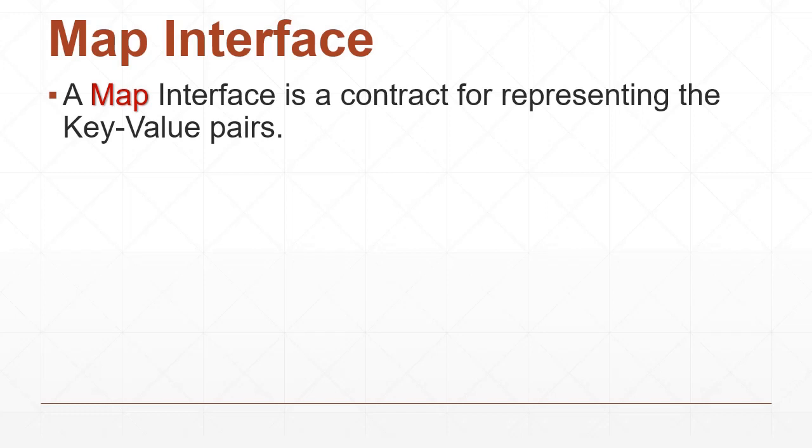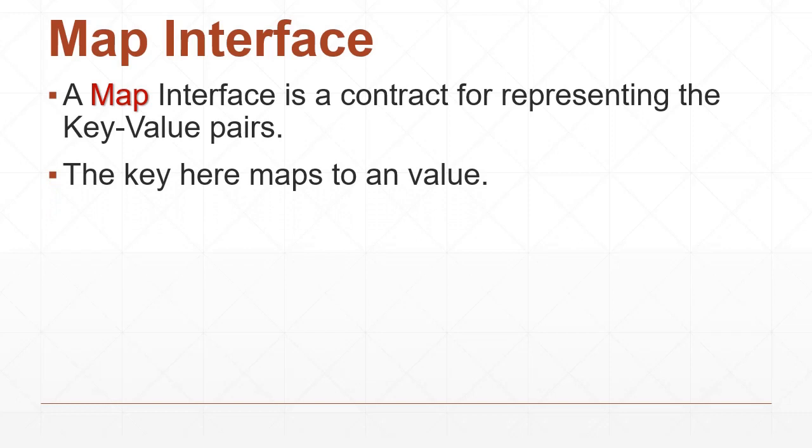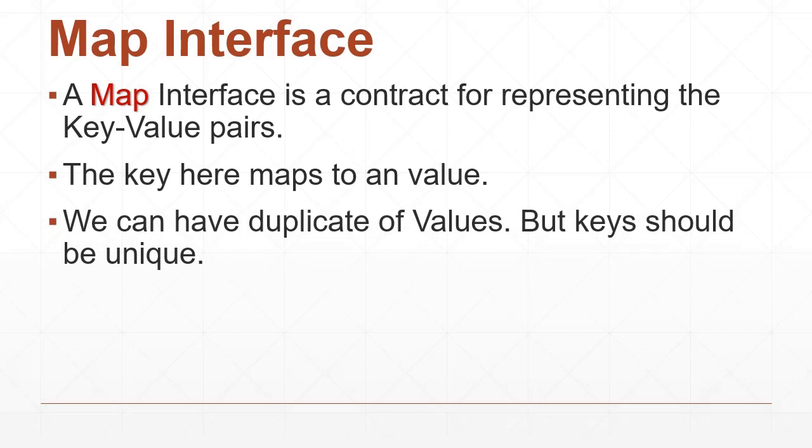So that's why people won't call the implementing class a collection. We may see it as a dictionary. The key here maps to a value. We can have duplicate values, but keys should be unique.